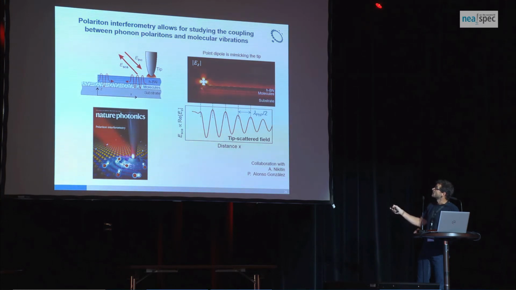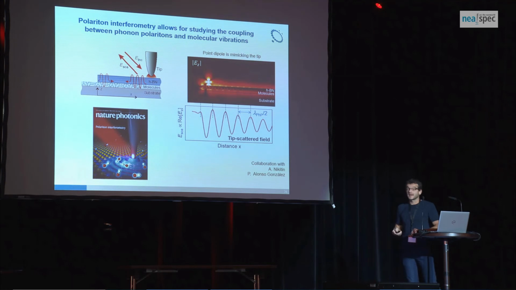So if the tip is in a position of very high intensity, then we scatter a lot out, and we get a lot of backscattered signal. Now what we see here is that these fields penetrate into the molecular layer, so we can expect that the molecular vibrations eventually interact with the polaritonic field, and then some interaction may happen.